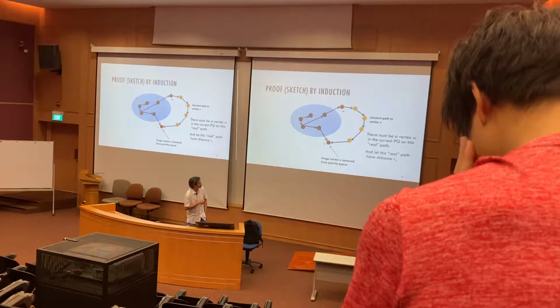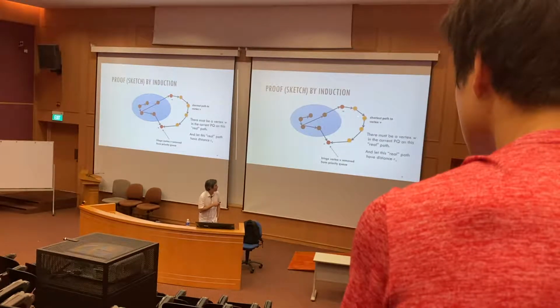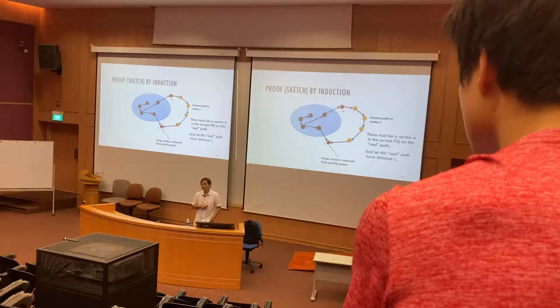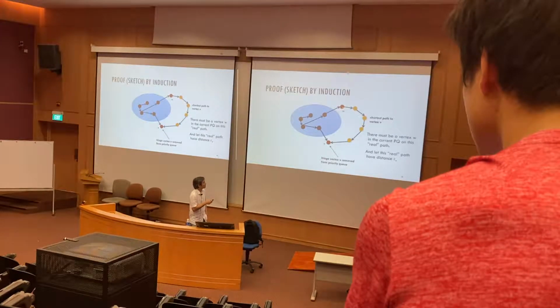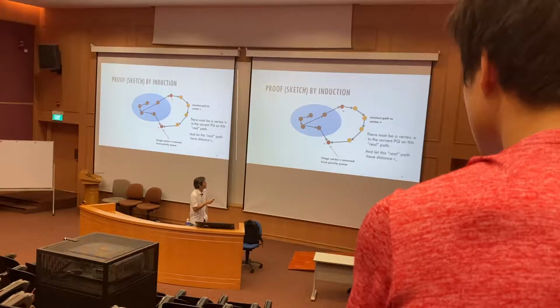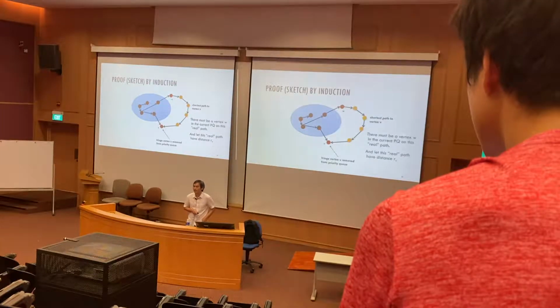Let's label the real path distance as RV. So there's some other fringe vertex W, and to get to V, the shortest path is this way.